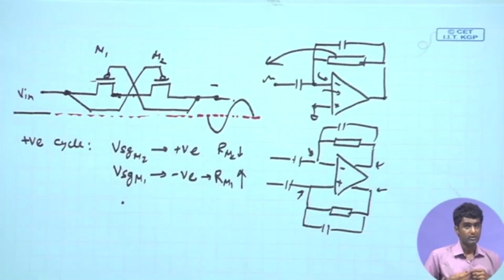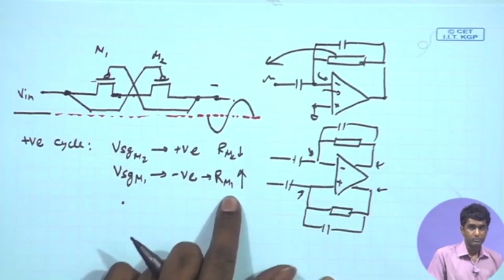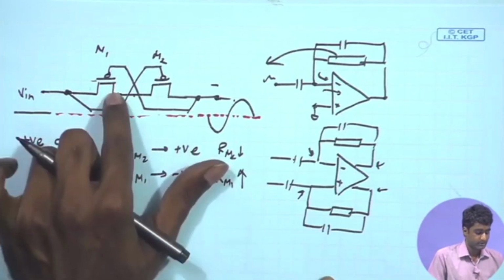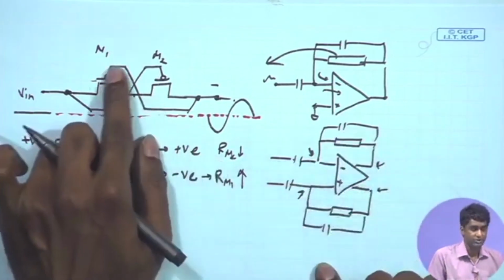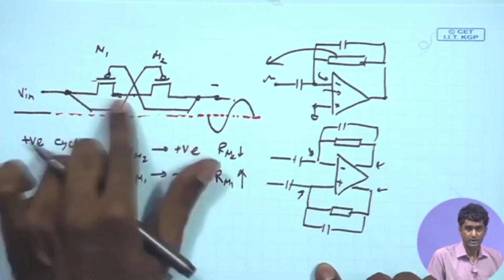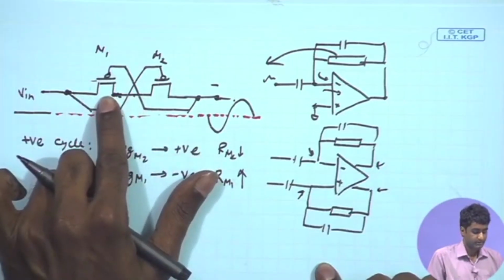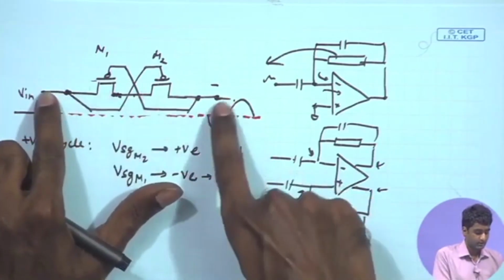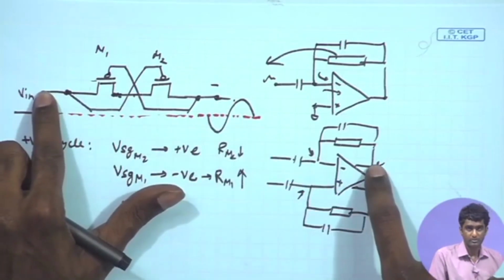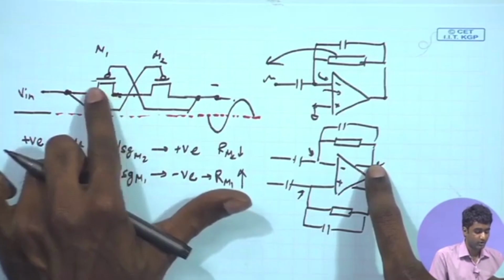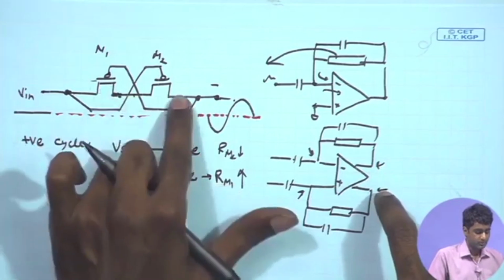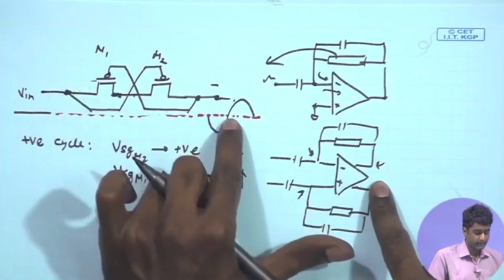So, ultimately the overall resistance, that is R M1 plus R M2, if R M1 is strongly going up and M1 is remaining relatively off because VSG is becoming more and more negative, this is going to dominate the overall resistance between the two terminals. Therefore, the effective resistance between the two terminals, V in and the output point, is going to be very high, determined by the off resistance of M1. This is clear. So, this is trying to keep this overall resistance very high despite the signal going up.